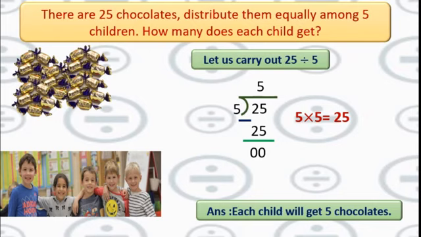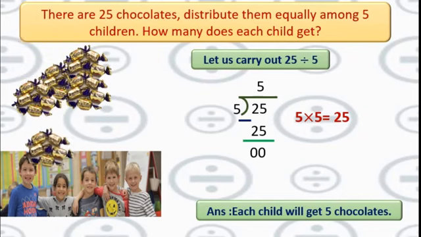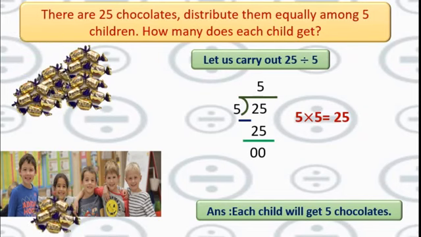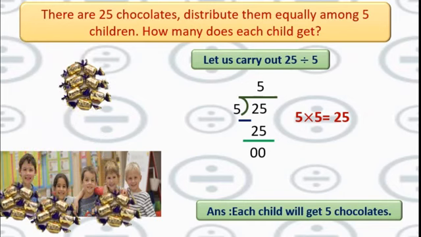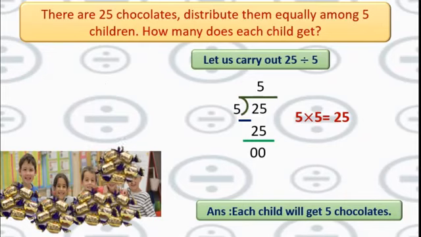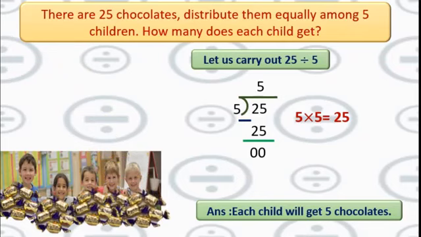Now we will distribute these 25 chocolates among 5 children. These 5 to this girl, this 5 to this boy, again 5, this 5 and at last only 5 remain. This we will give to the last boy. Means each child got 5 chocolates.